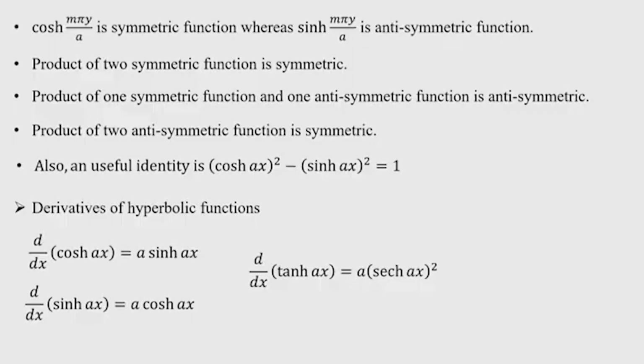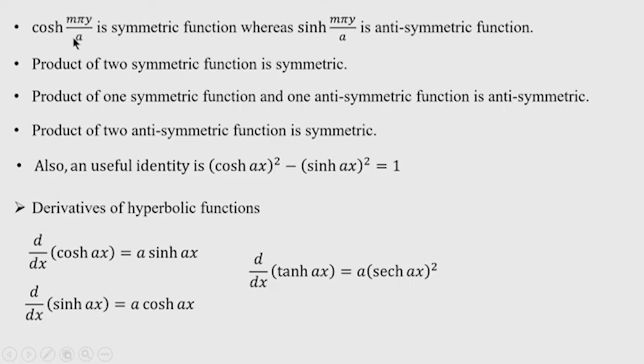Similarly, when we found the solution, we saw that the term y into cosh(m pi y by a) appears. In that case, what will be the nature of the function? It will be antisymmetric, because y is an antisymmetric function and cosh(m pi y by a) is symmetric.